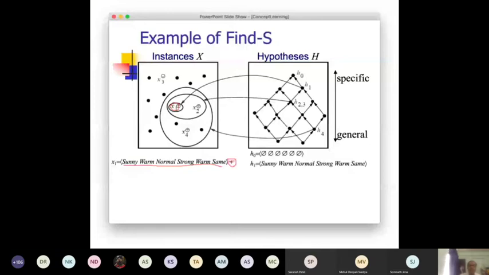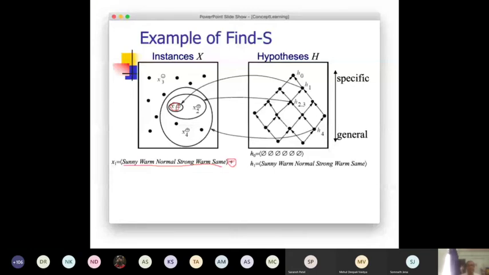You can find that from H naught in the diagram, where H1 is shown here. So we continue. This is now my present form of the hypothesis with respect to the sequence of training examples I had.